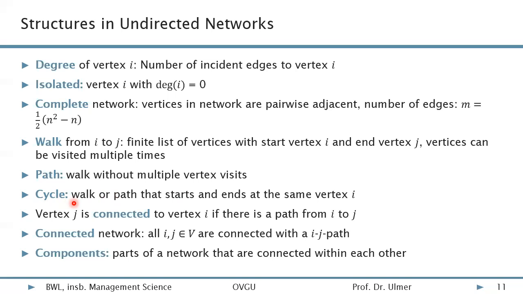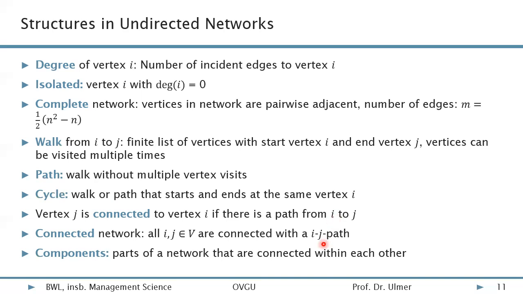We can say a vertex is connected to another vertex if there is a path between them. It doesn't necessarily have to be directly adjacent, a neighbor, but it can be over several additional vertices. So if we look at the street network in Europe, between Magdeburg and Copenhagen, they are not adjacent, but they are connected over the road network.